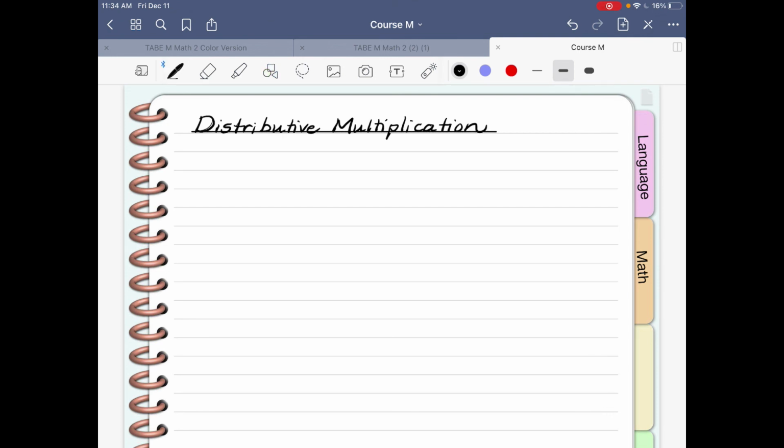Okay, so here's one example. I'm going to give you two examples. Let's do 3(6 + 5 + 2).